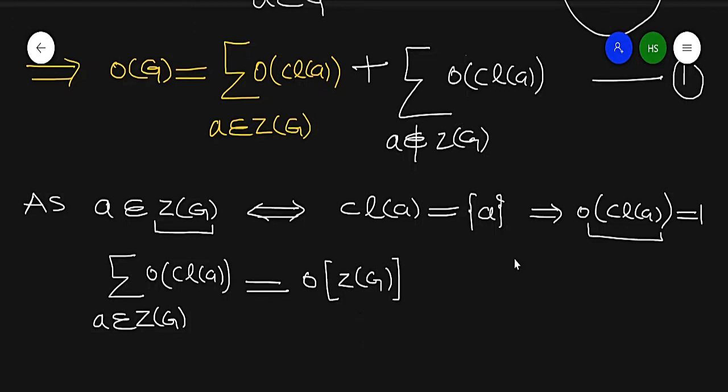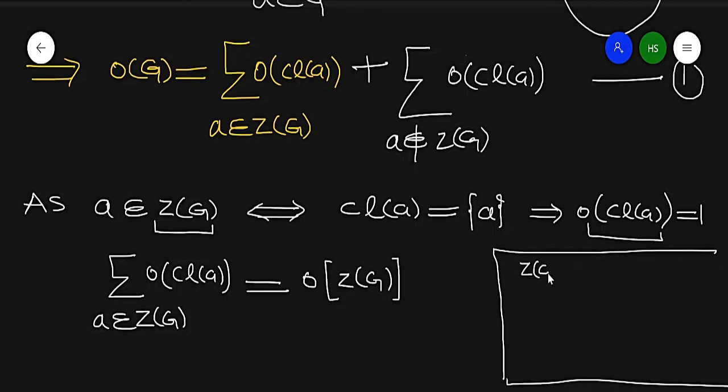Clear? If it is difficult to understand, just see that if the center of G has 3 elements, suppose A1, A2, A3, then it has 3 classes: class of A1, class of A2, class of A3.